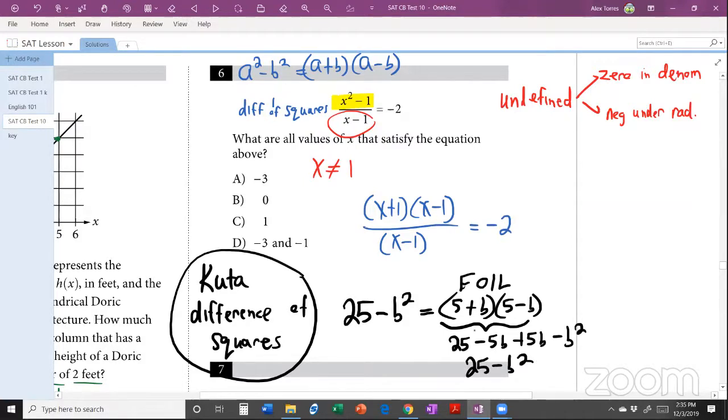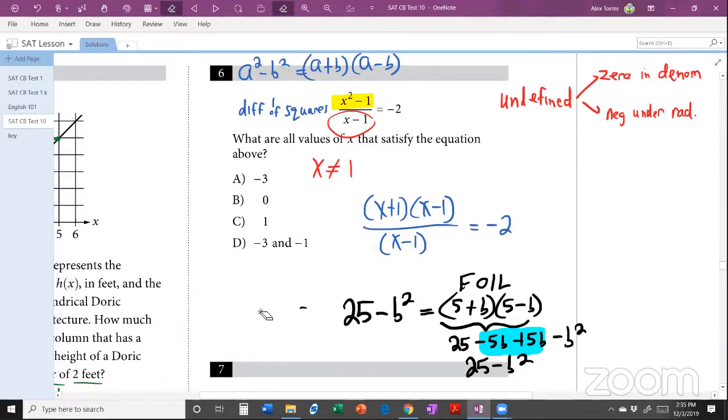So we do so many of these that we know that if you are ever multiplying something like this with the plus and minus, the outer and inner terms of the foiling are going to automatically cancel each other. And so that's why we won't even write it. We'll just do 25 minus b squared, having done a lot of those. So that's a little aside about differences of squares right there.